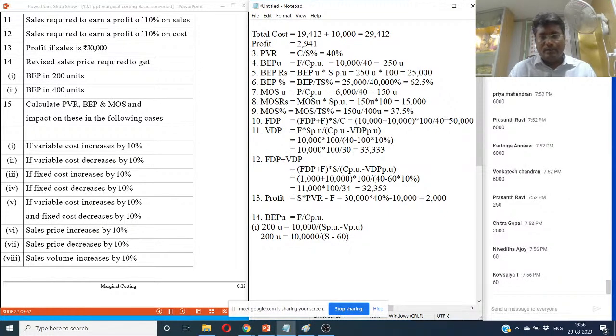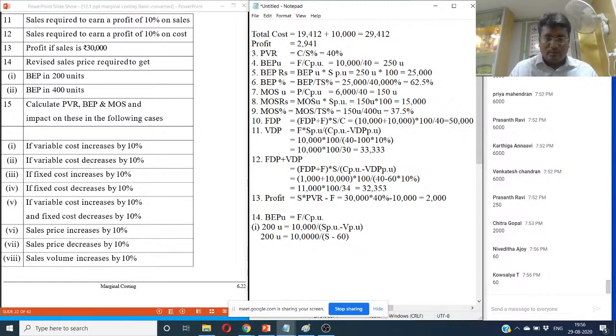Now you have to solve this as a missing data. You will be getting how much? Current sale price is 50. By raising the sale price from 50 to 60, you are able to reach your break-even point by selling 200 units itself, right?